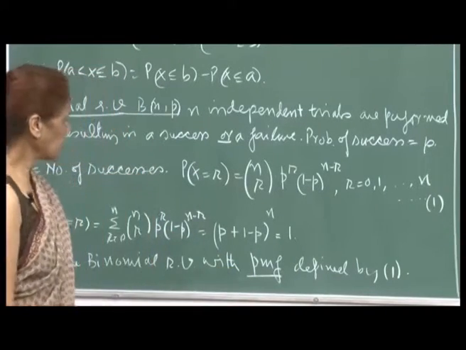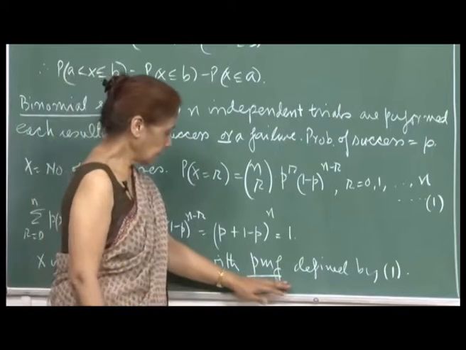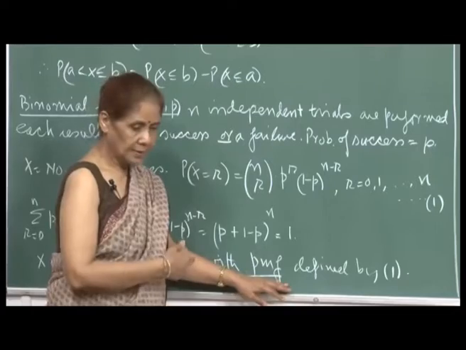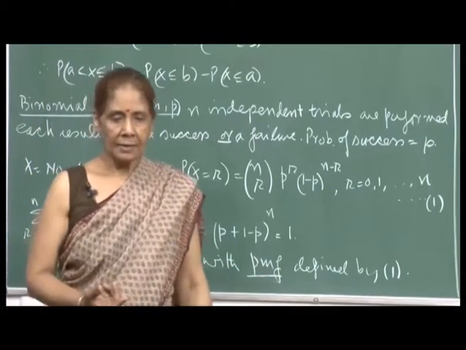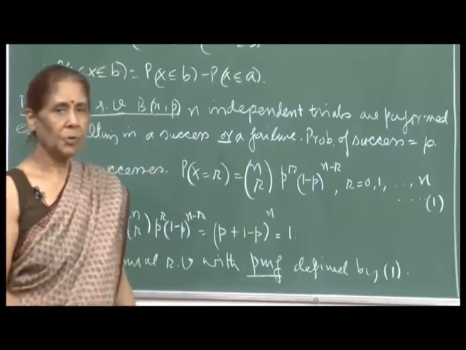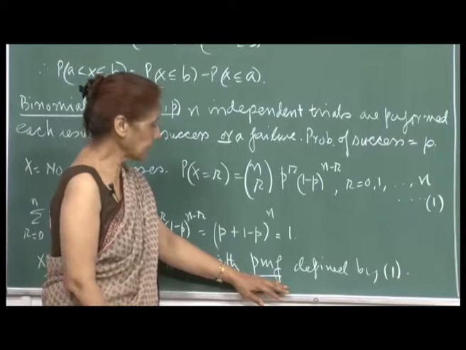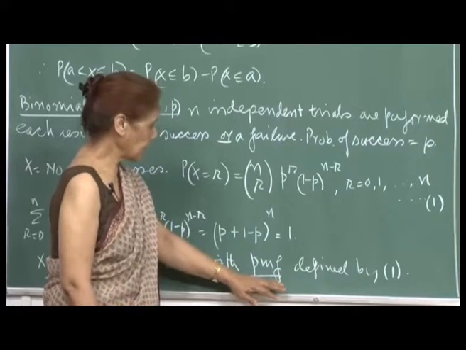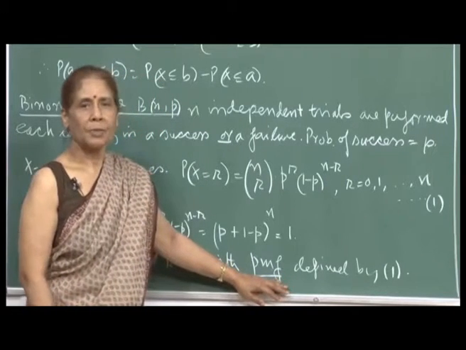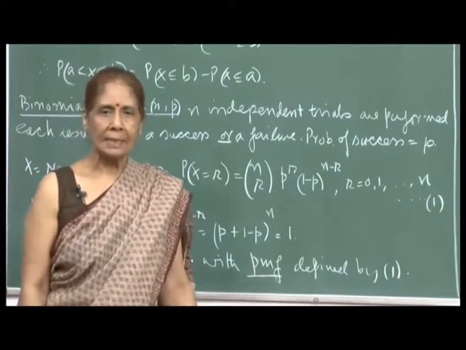So, I will try to keep this in mind, but sometimes it may happen that I have the random variable x, and instead of saying probability mass function, I may have used the word probability density function. But remember that we make this distinction: for discrete random variables it has to be a probability mass function, and for continuous random variables it is the probability density function.